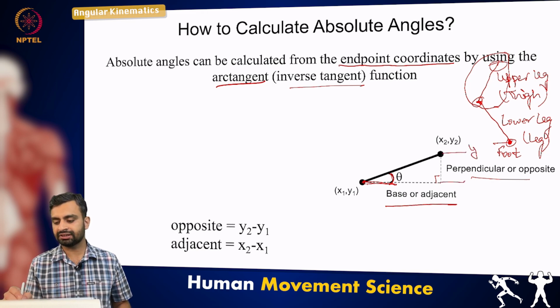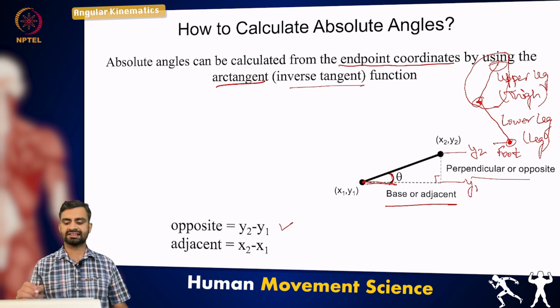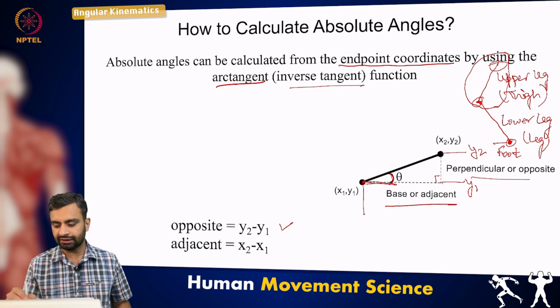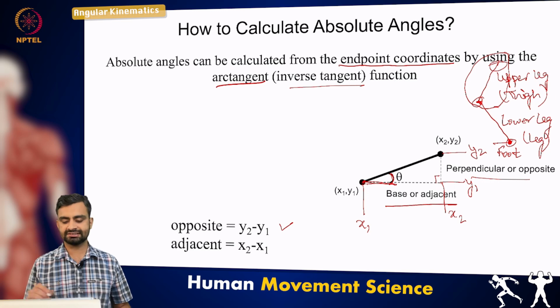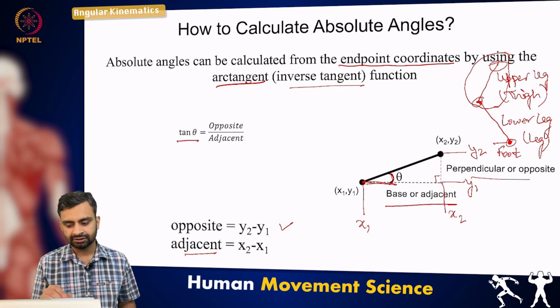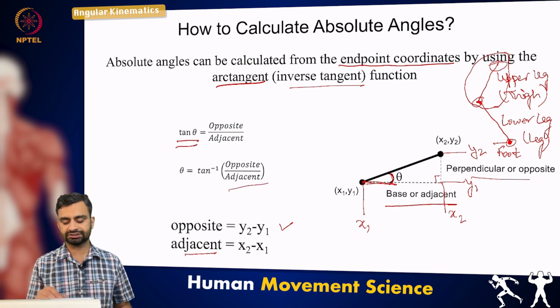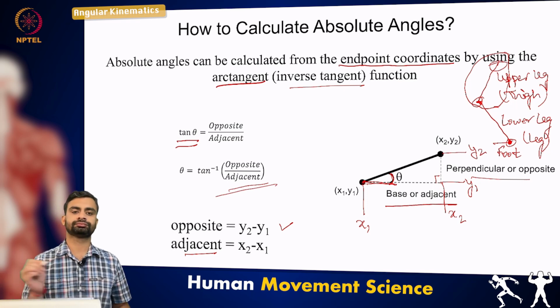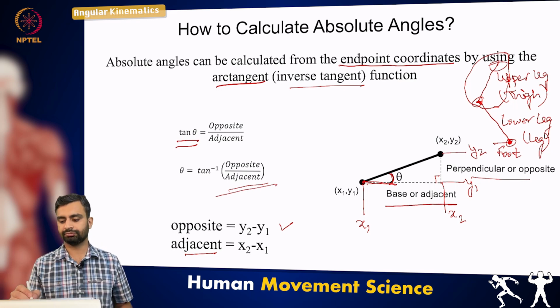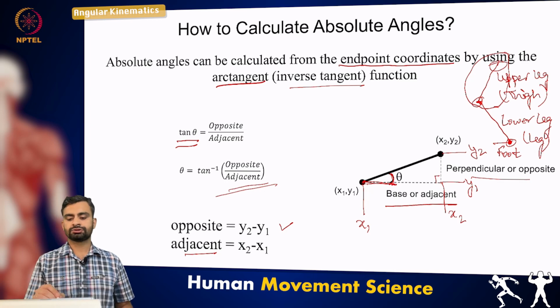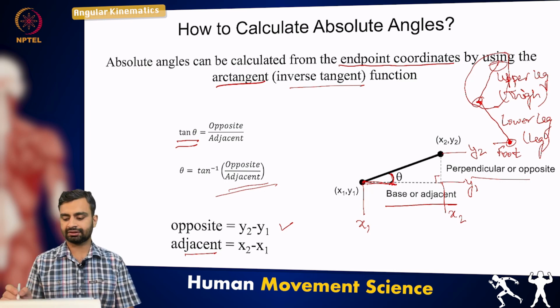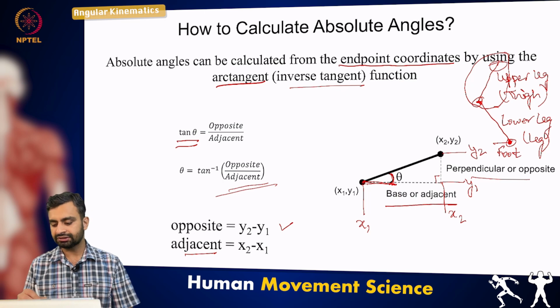So the upper value is y2 and the lower value is y1. The difference gives us the perpendicular or opposite side. Similarly, the difference between x2 and x1, or the horizontal distance, gives us the adjacent or base. Then we can use the tangent function to calculate tan theta and then find the inverse of this function to calculate the angle theta.